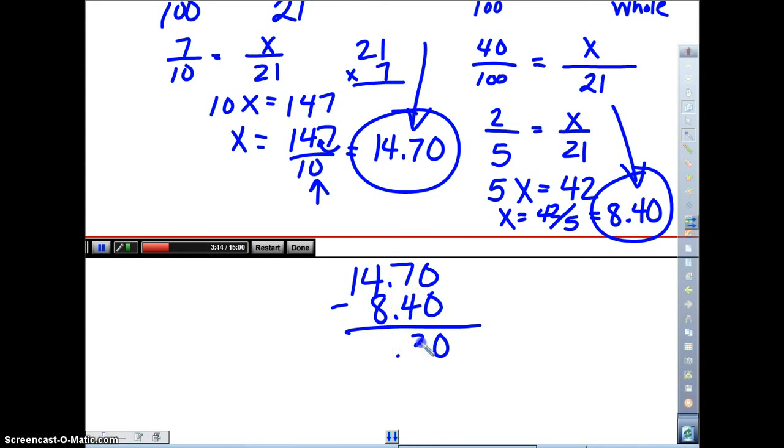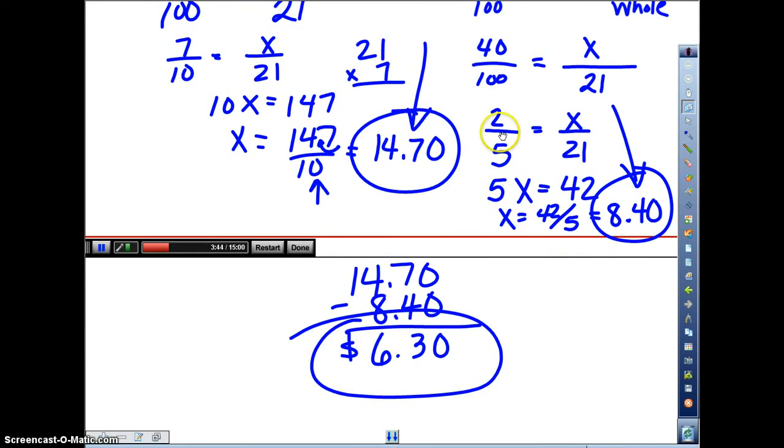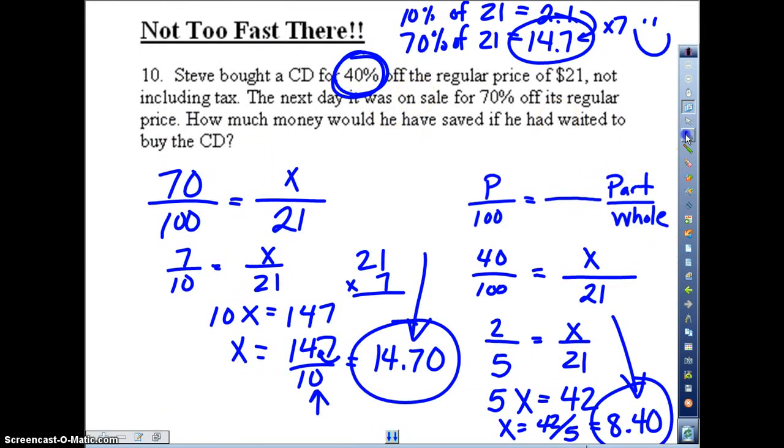We're subtracting. What's 14 subtract 8? I think we would have saved $6.30. Oh, do you even want to know an easier way to do this? What's 70% subtract 40%?